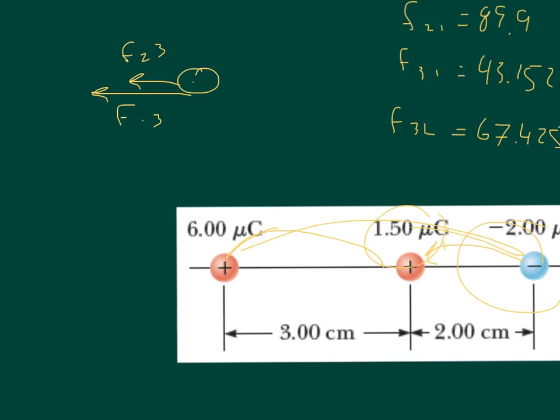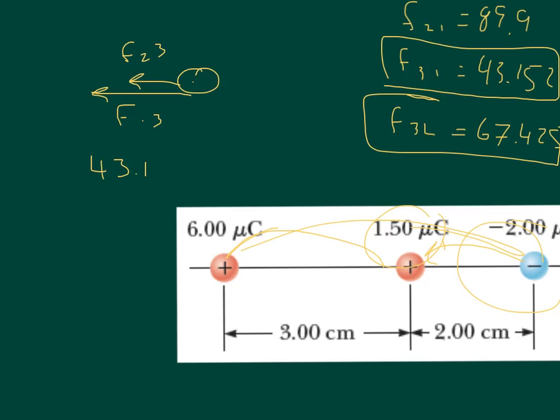So F of 1 on 3 is equal to F of 3 on 1, and F of 2 on 3 is equal to F of 3 on 2. So we just add those numbers together, 43.152 plus 67.425, and you should get that the force on charge 3 is equal to 110.577 newtons, and that's to the left.